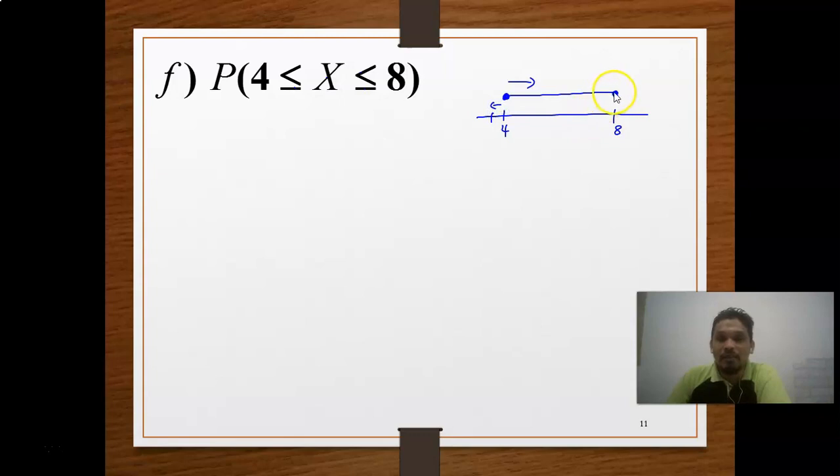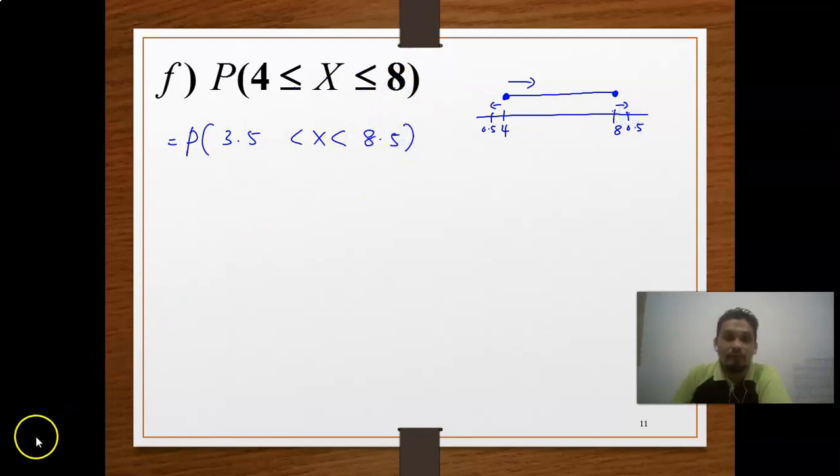And for this one, x less than 8, it includes 8 here, so we add 0.5 to the right. So then this is 4 minus 0.5, 3.5, and 8 plus 0.5, then 8.5.